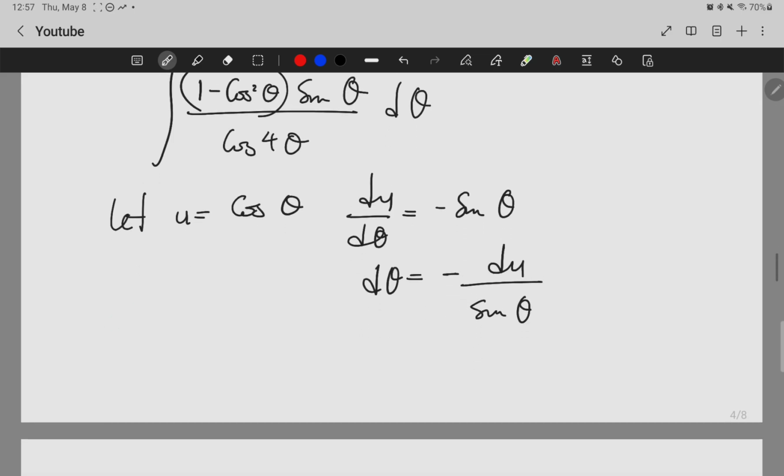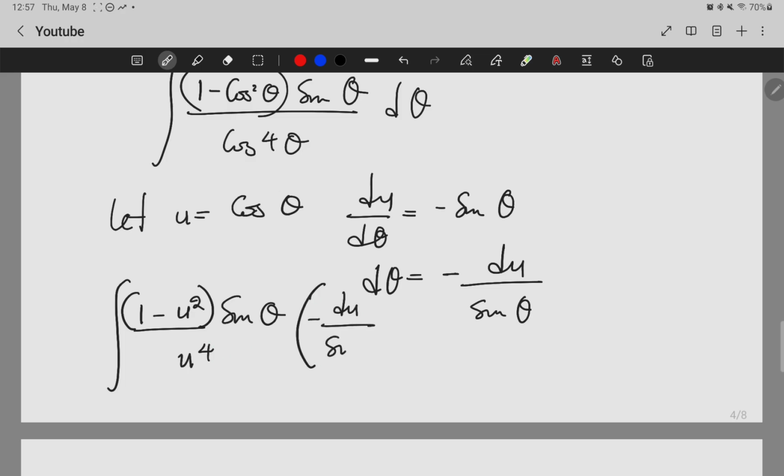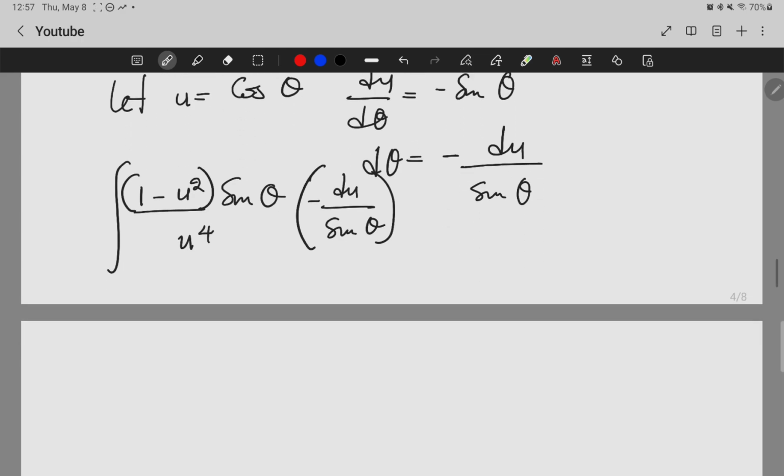Substituting now, you have the integral of 1 minus, since cos theta is u, this will be u squared over, this will be sine theta still, and this will be u to the power 4. Where there's d theta, we have minus du over sine theta.